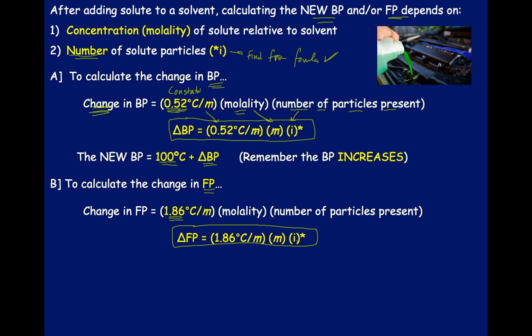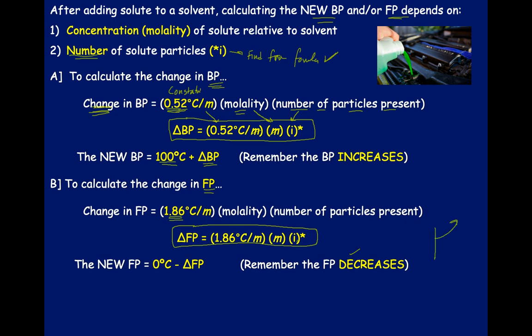Again, you find i from your formula. Remember, the new freezing point is going to be below zero, so we subtract this change. The boiling point goes up, the freezing point goes down, so you subtract it from zero.